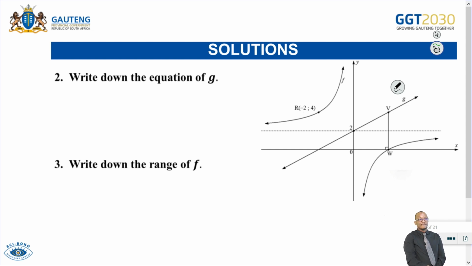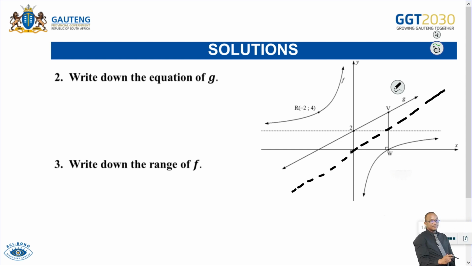The second one, we write down the equation of G. Remember, I said from the line of symmetry, we have y is equal to x.